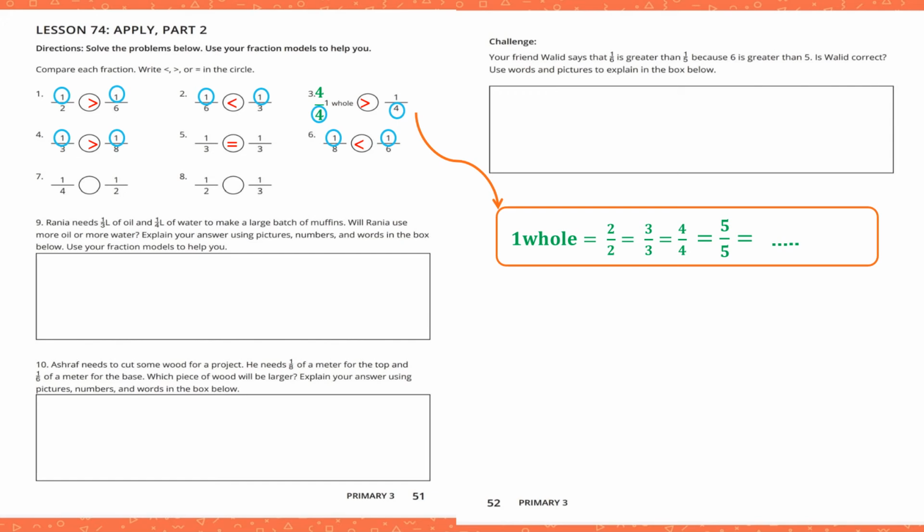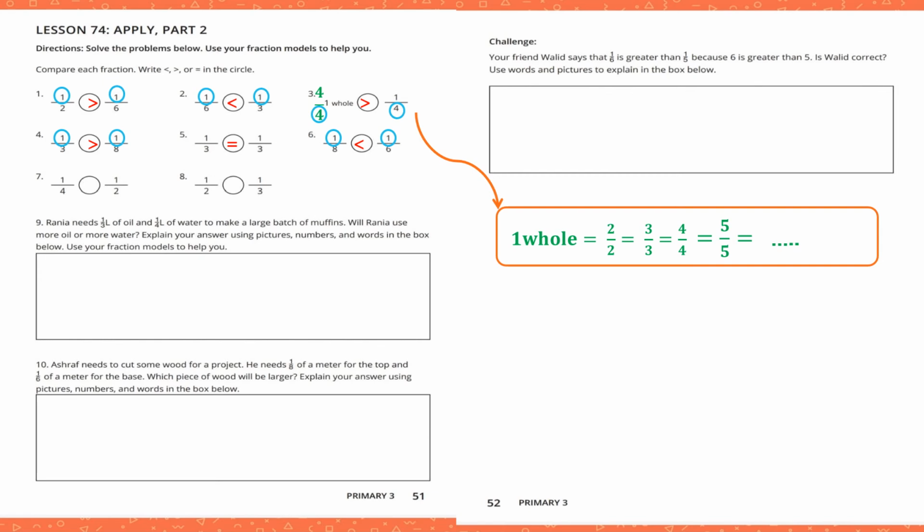Here in question 9, Rania needs a third liter of oil and a fourth liter of water to make a large batch of muffins. Will Rania use more oil or more water? Third liter of oil is bigger or fourth liter of water is bigger?